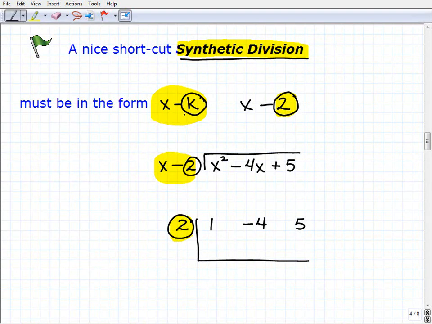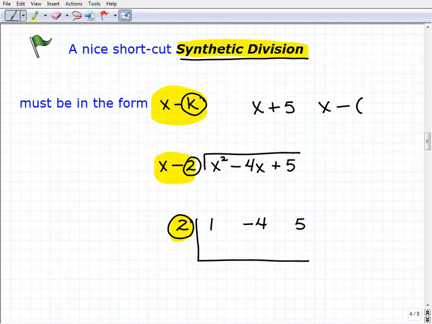This also is either x minus k or x plus k. Let me show you what I mean by that. So x plus a number, let's say x plus 5. You're saying, well, that's not x minus a number, but really you can rewrite it that way. You could say it's x minus a negative 5. So x minus a negative 5 is the same thing as x plus 5.